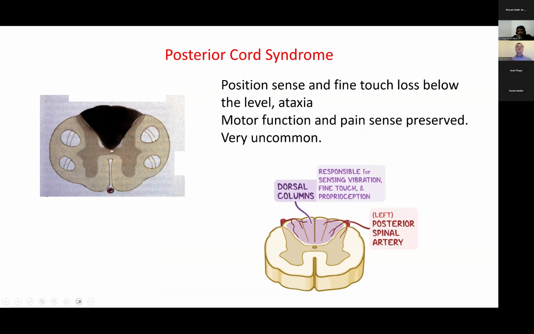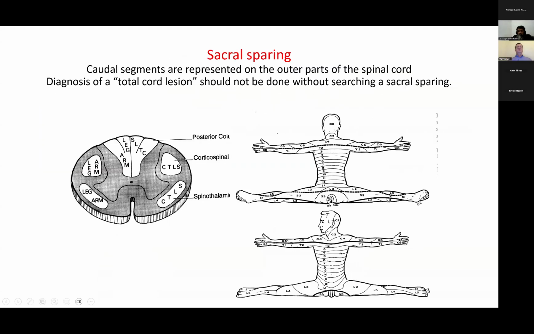Sacral sparing is another issue that we must learn from that anatomy. Caudal segments are represented on the outer parts of the spinal cord. And if there is a sacral sparing, because the outer parts are less injured with a blunt trauma, this type of lesion is not a total cord lesion.